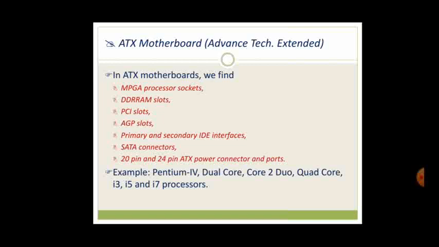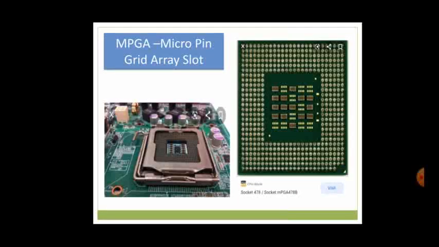So these ATX motherboards are using 20 pin and 24 pin power connectors. So example for these motherboards are P4, nothing but Pentium 4, dual core, Core 2 Duo, quad core, i3, i5 and i7 processor. Here you can see MPGA, nothing but micro pin grid array slots.